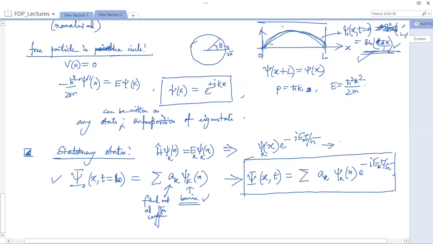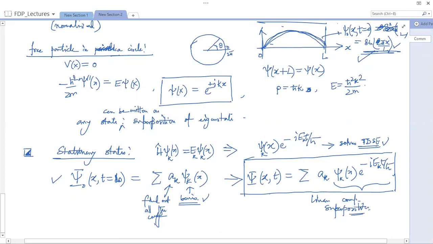Each of these functions satisfies the time dependent Schrodinger equation, and this is a linear combination, which I call the superposition.